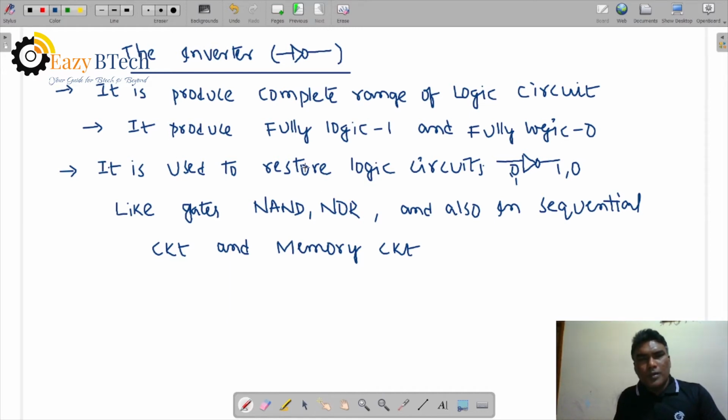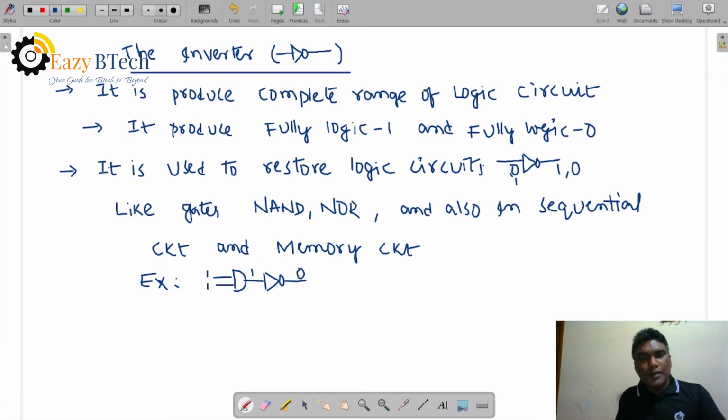Whatever the input, it gives the standard output logic. For example, a NAND gate. A NAND gate is designed by an AND gate and a NOT gate. When both inputs are 1, the AND gate output is 1 and the final output is 0.